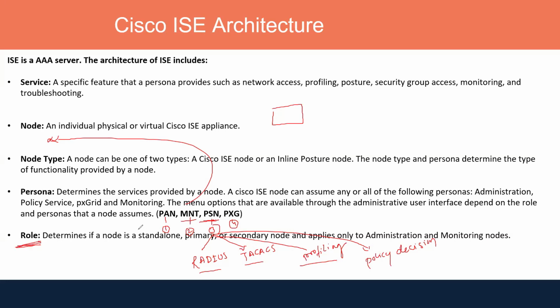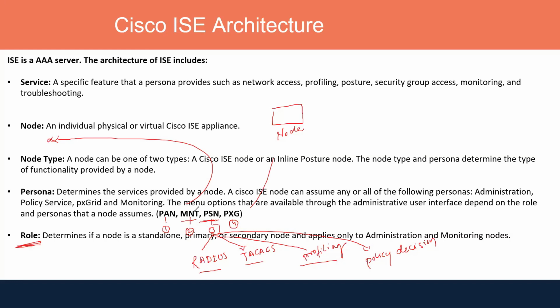So these personas can be found in a single node itself, or you can distribute these personas among different nodes. It depends on your ISE deployment, how you are doing ISE deployment in your network.